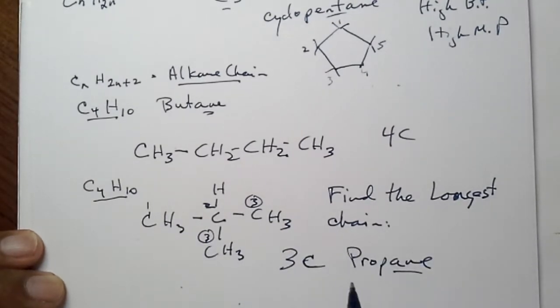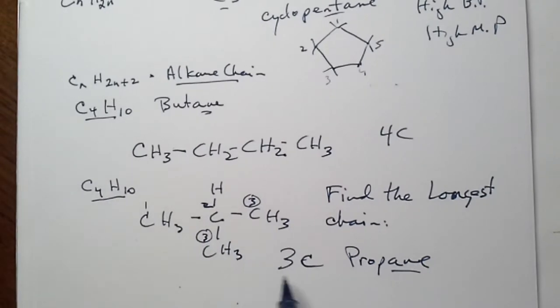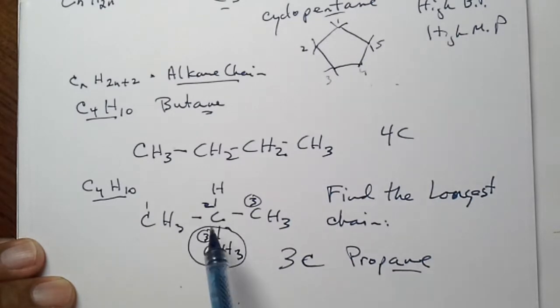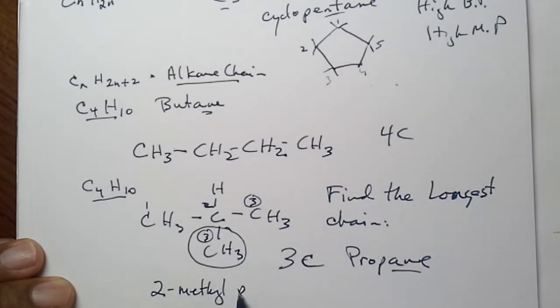And so this makes this compound propane. And of course we have to account for naming the functional group that's off of this long chain. And so we call it 2-methyl, because the methyl group is off of the second carbon, propane.